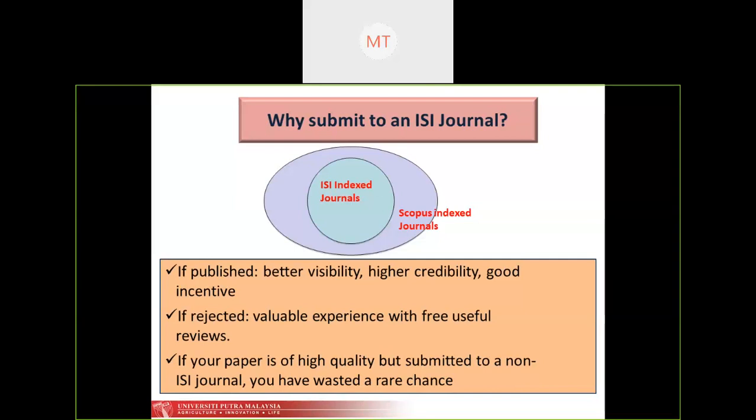High quartile journals are Q1, Q2 journals, or top 1% or top 10% journals. These are the types of journals that could be a potential place for all researchers to publish their work.